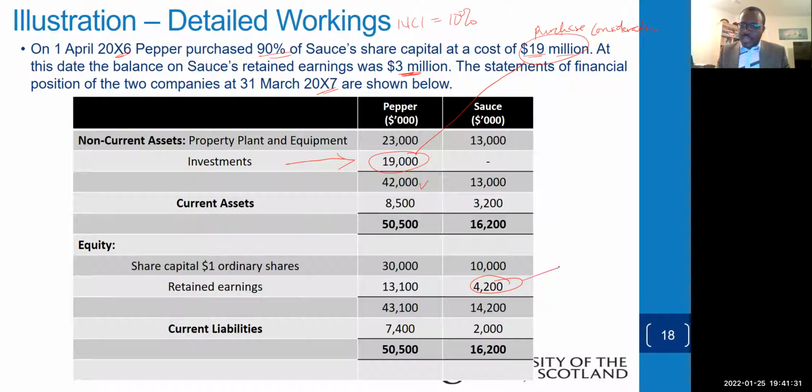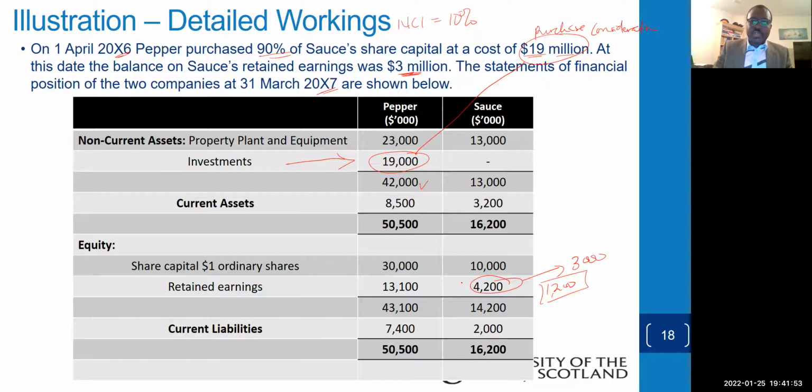Compared to the 3 million, there's an increase of about 1.2 million. These are post-acquisition reserves, the retained earnings post-acquisition. Take note of that. Very easy to find.